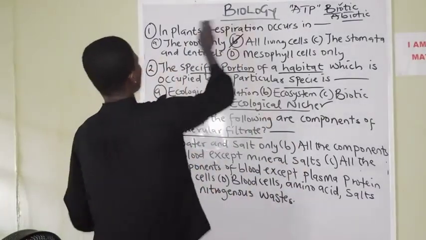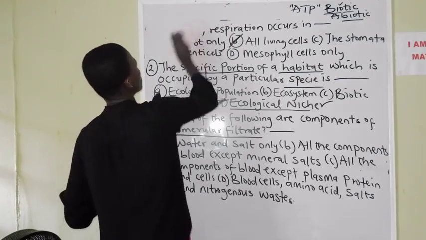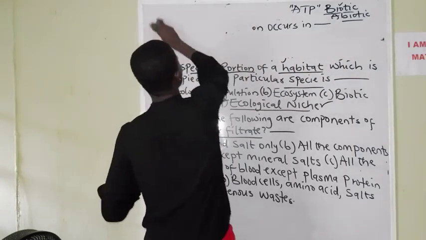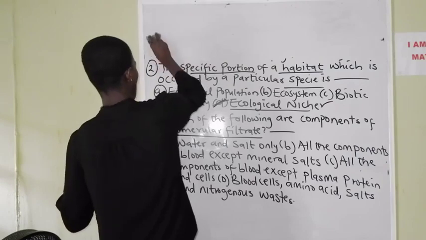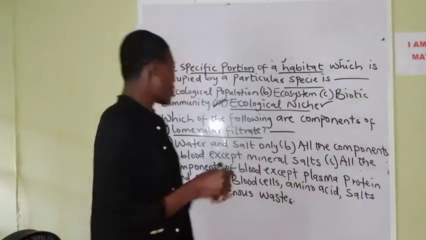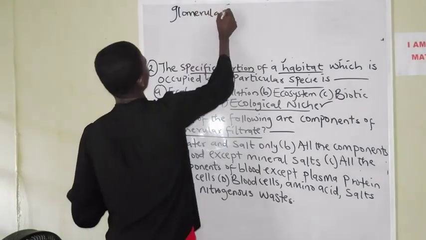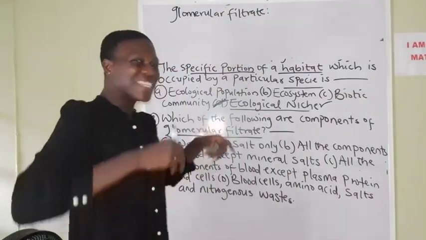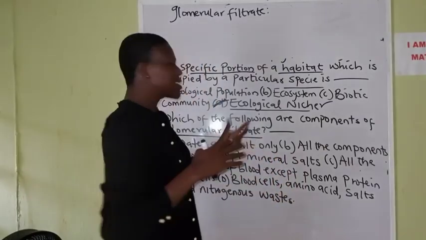Just permit me to clean so I can use other part of the board. Now, the glomerular filtrate is a process by which the kidney separates or filters water and salt from blood.